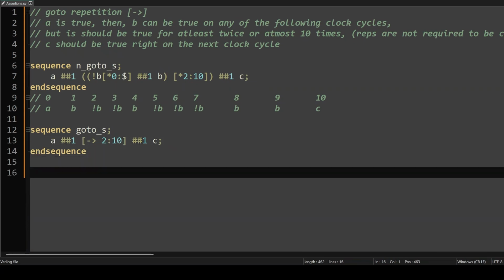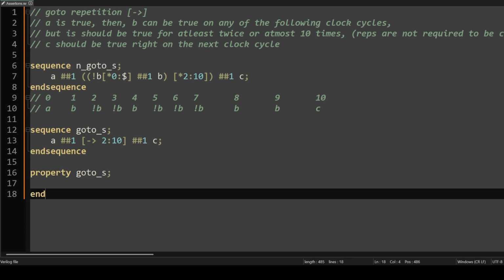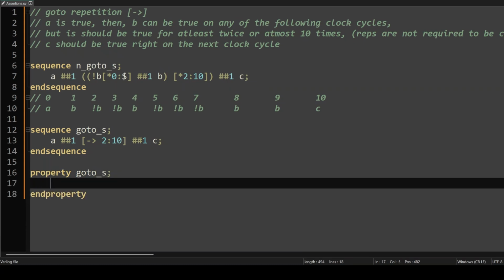So let's begin our property, and we want this sequence to be clocked at the positive clock edge. Then the sequence.